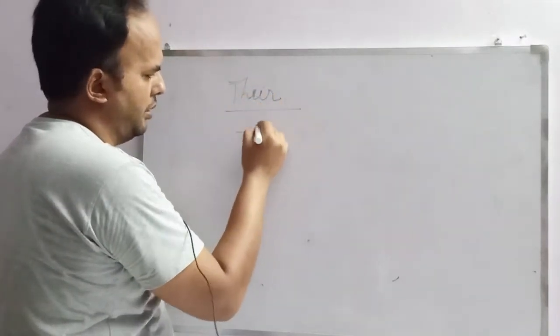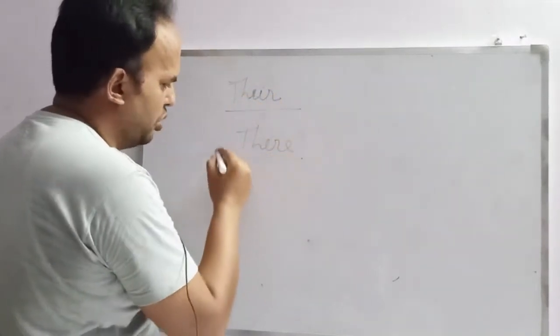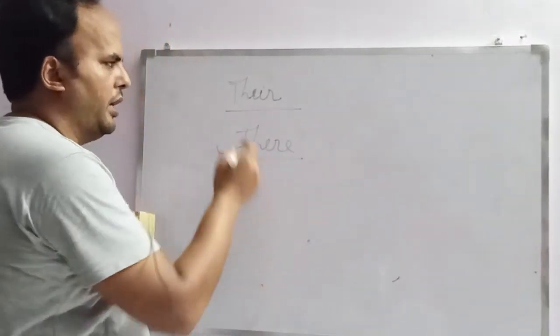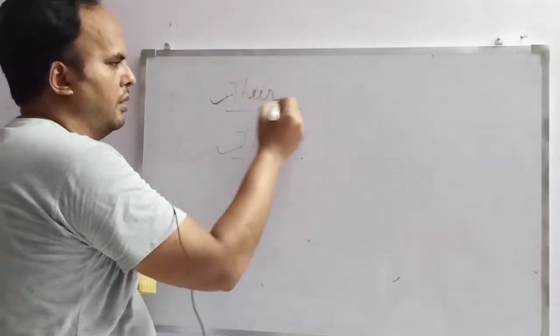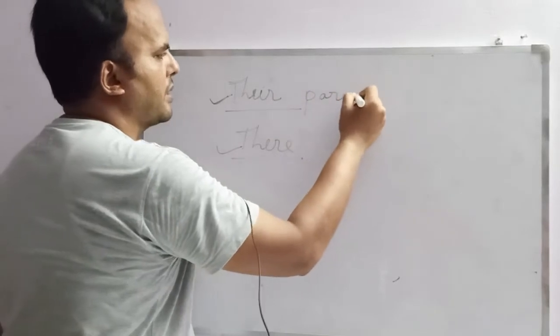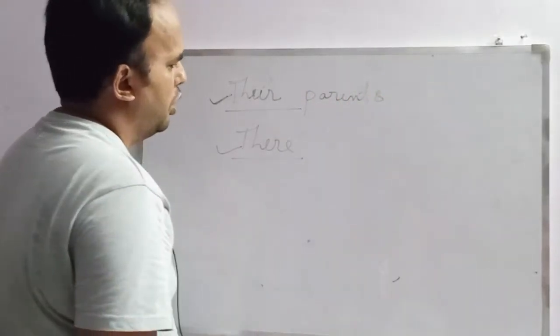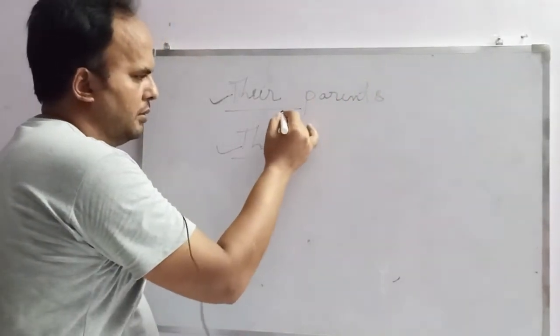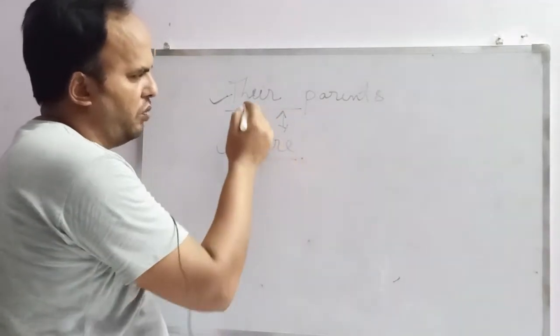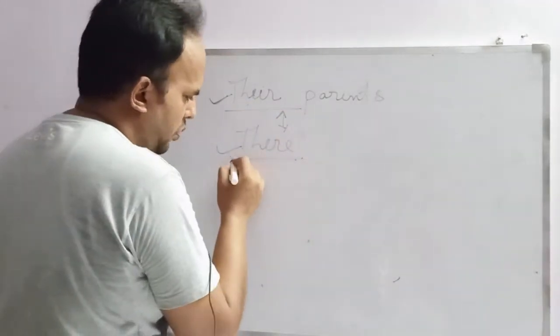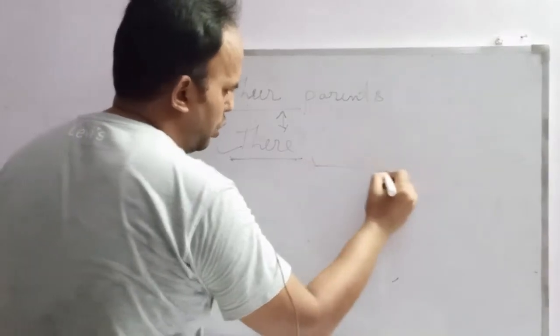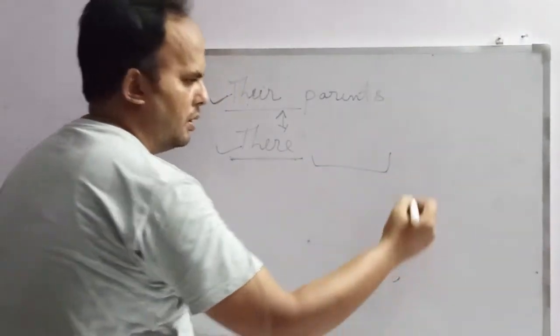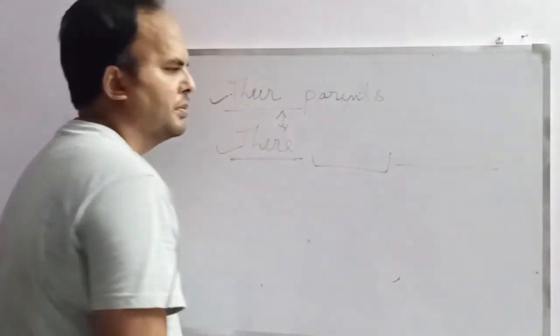It is and it is. It is used for place and it is used for relations, their parents. Don't mix it, this there with this. Now, with this there, you are going to use the verb according to the next word.